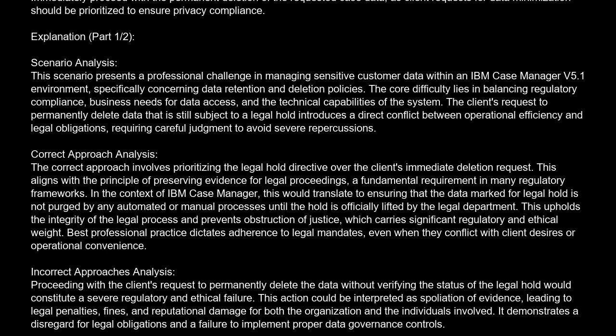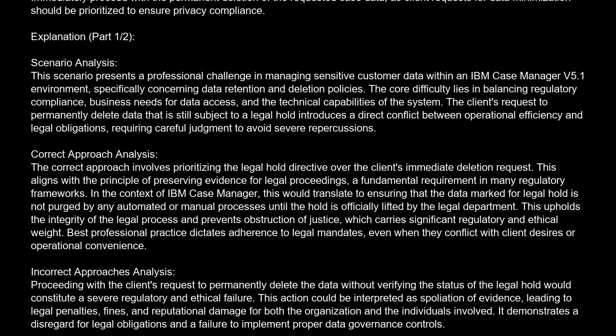The core difficulty lies in balancing regulatory compliance, business needs for data access, and the technical capabilities of the system. The client's request to permanently delete data that is still subject to a legal hold introduces a direct conflict between operational efficiency and legal obligations, requiring careful judgment to avoid severe repercussions.